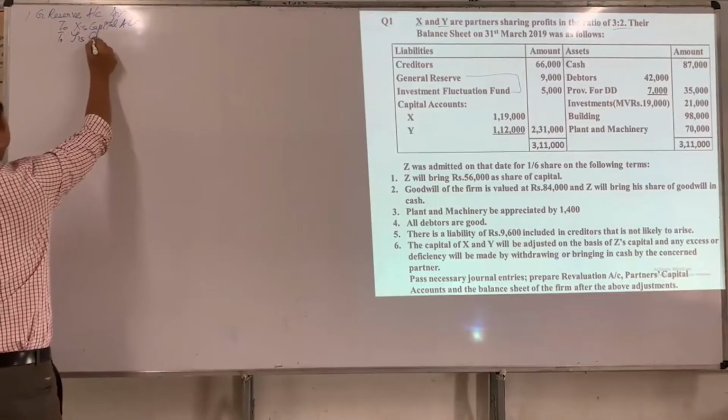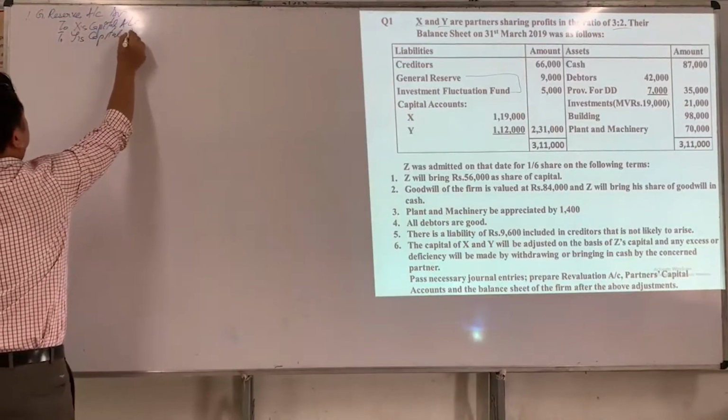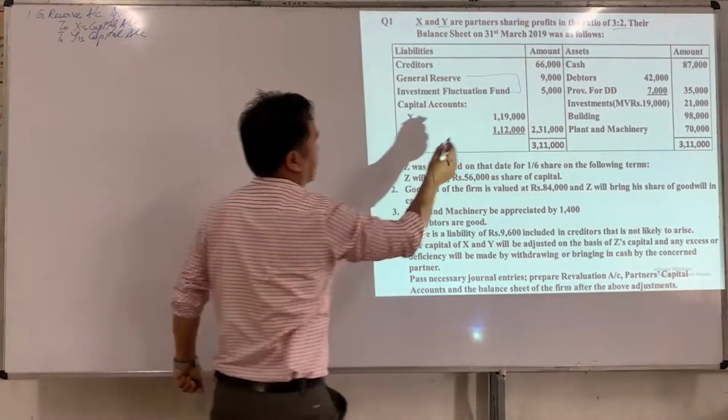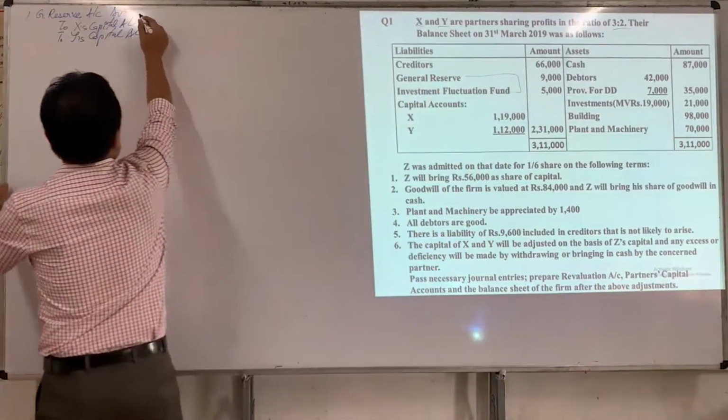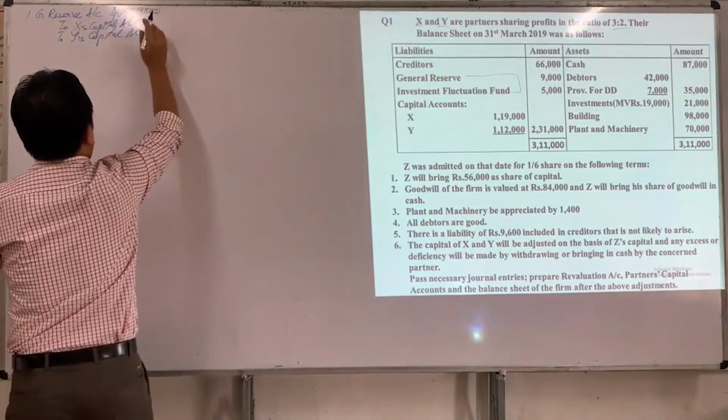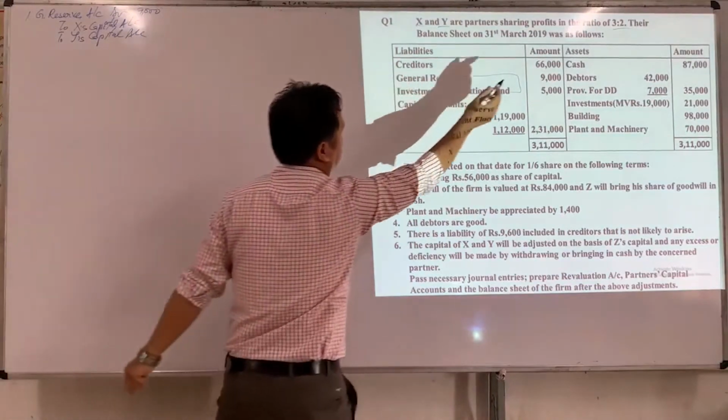What is the amount of general reserve? Yes, 9,000. So 9,000 should be transferred to the capital accounts of X and Y. What is the old profit sharing ratio?